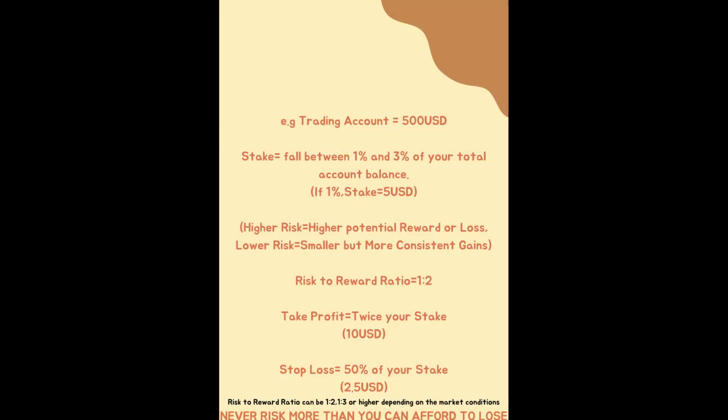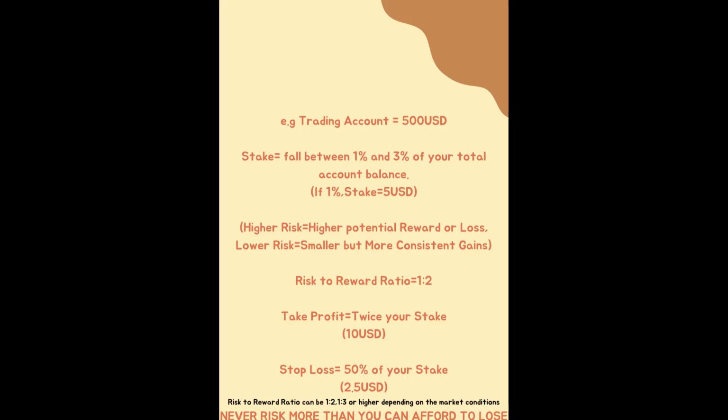I'll show an example of a risk management plan. Let's say you have a trading account of $500. If you choose a stake of 1%, this will be equal to $5. It's important to note that higher risk equal to higher potential reward or loss, while lower risk equal to smaller but more consistent gains.